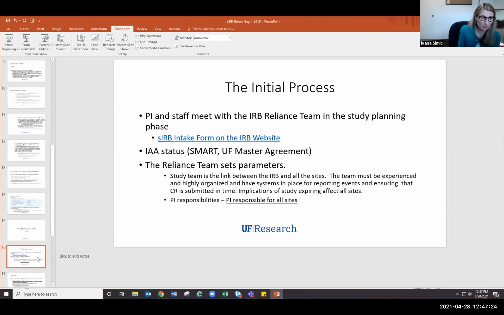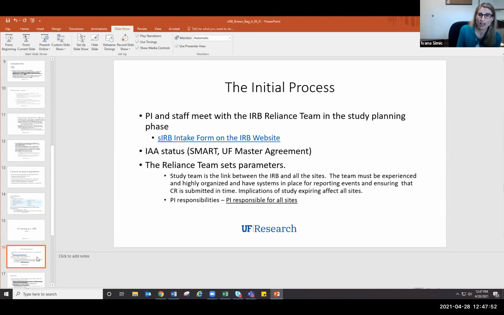Now, the reliance team sets parameters with the PI and the study team. We explain that the study team is the link and the cohesive glue between us and the relying sites. The team must be experienced and highly organized and have systems in place for reporting events, ensuring that continuing review is submitted in time, because if the study expires here, it expires for all sites. Nobody can do anything.